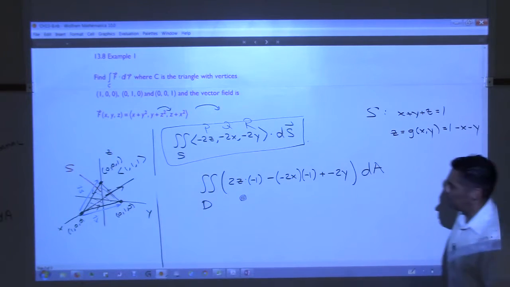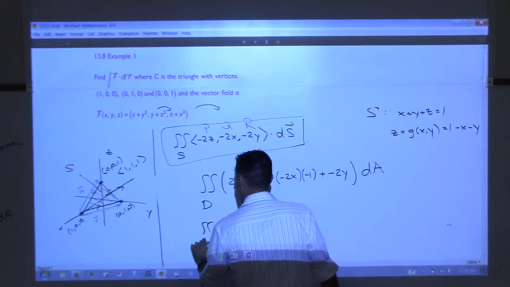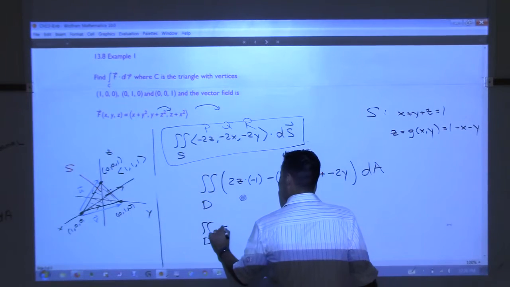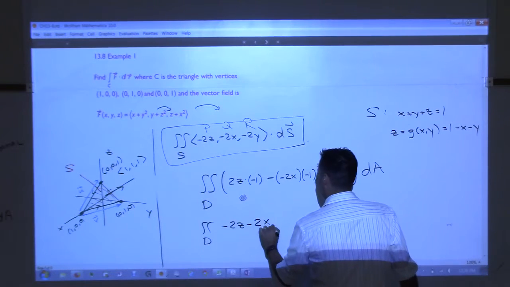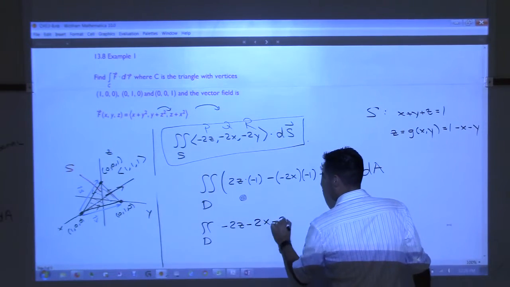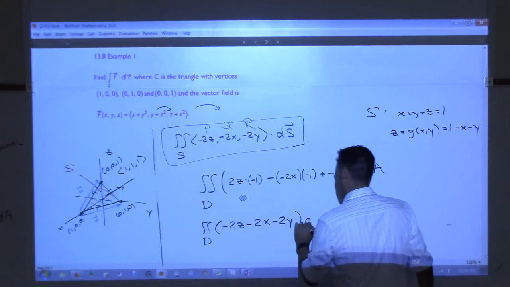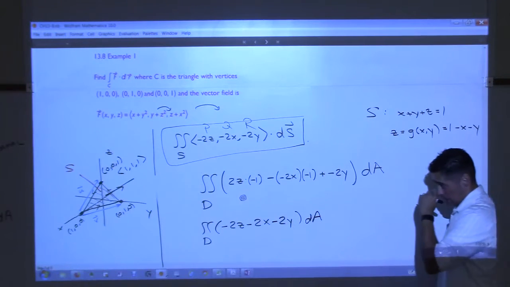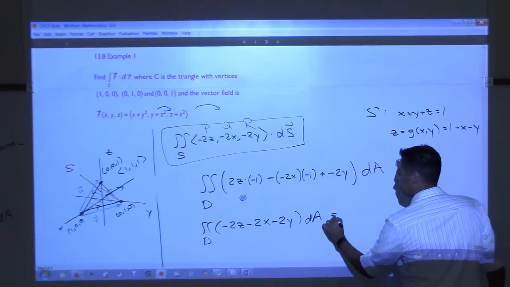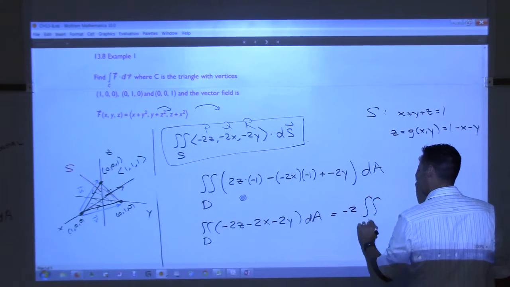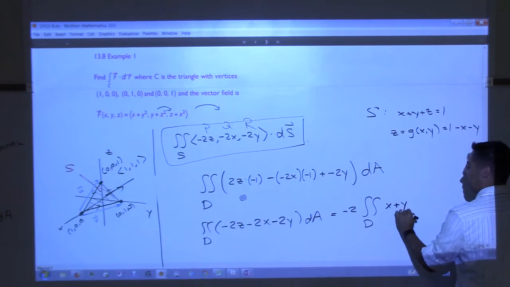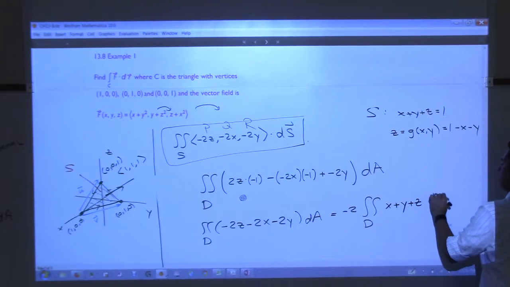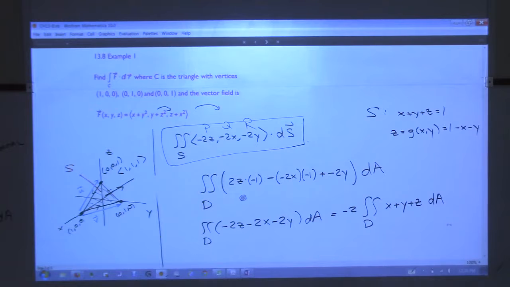So what does this clean up to be here? Double integral over D. We've got negative 2z. We've got negative 2x. And we've got negative 2y, dA. I can pull out a negative 2. Double integral over D of x plus y plus z dA, which is just 1.